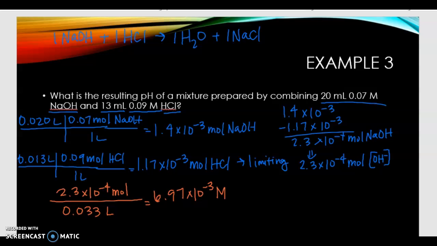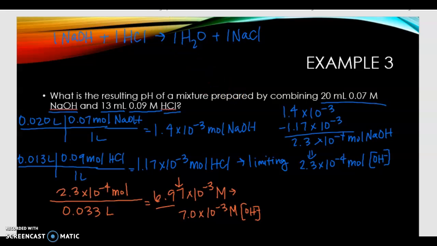We can only keep 2 sig figs. Technically, the 20 is going to hold us back. There should be a decimal there. We're going to keep 2 sig figs, and the third one is going to determine if we're going to round, which we will. So we have 7.0 times 10 to the negative 3 molar for our hydroxide concentration. So we are going to use that to find the pOH.